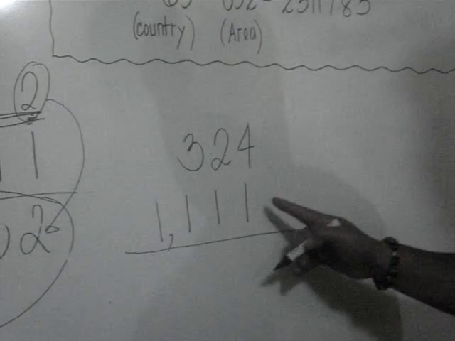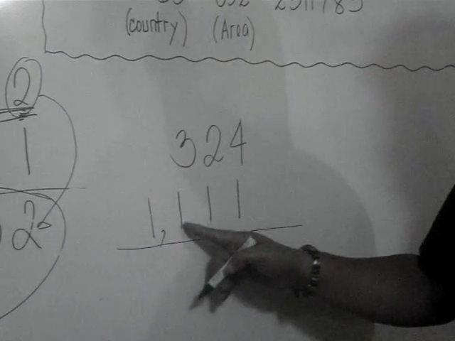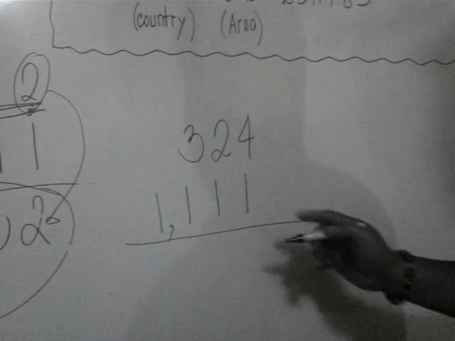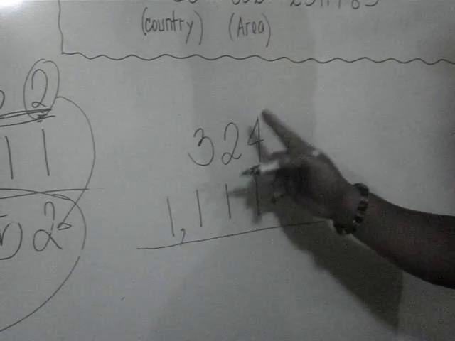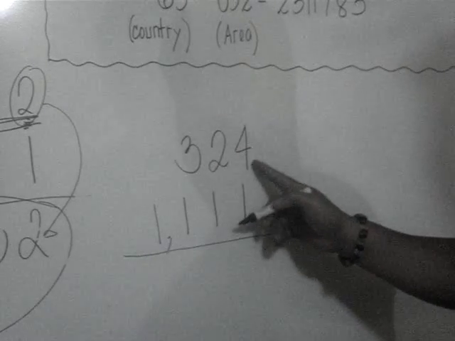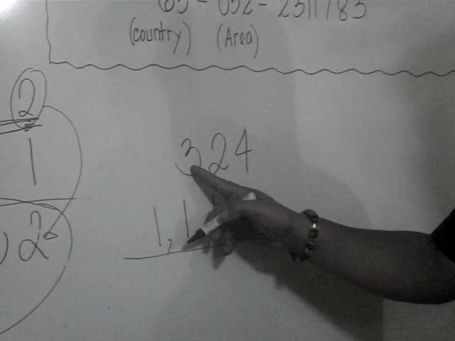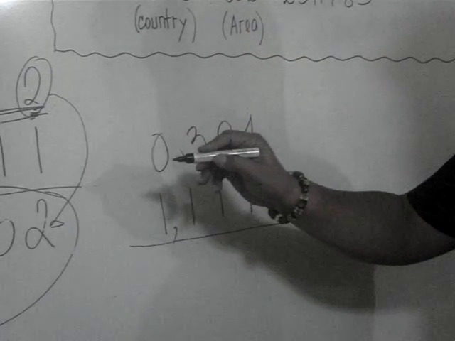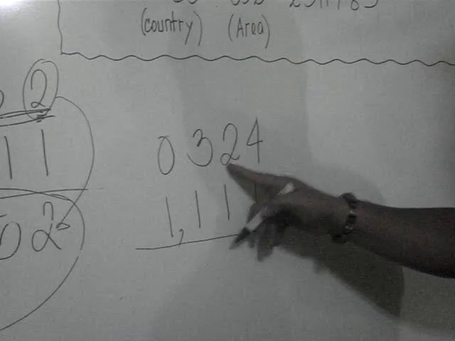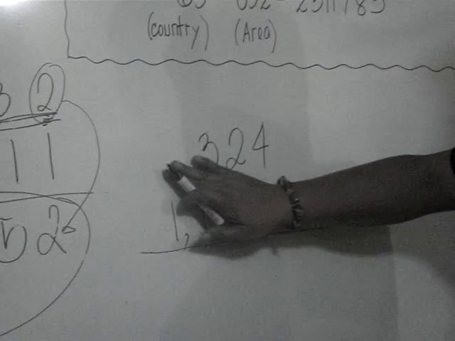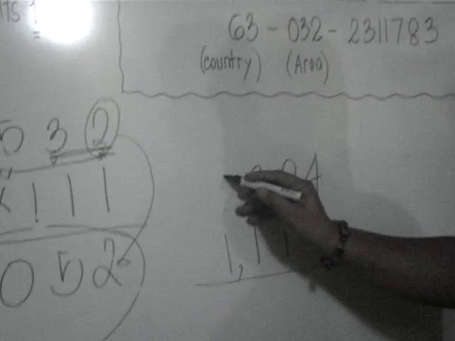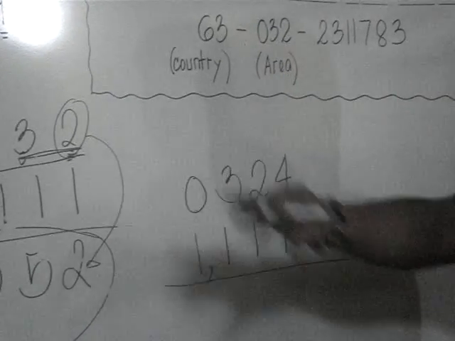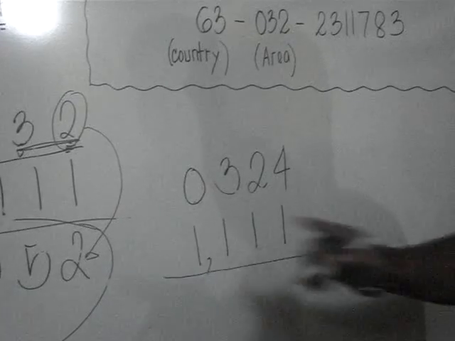You will notice that this multiplier contains 4 digits of 1. Then you need also to have addition up to 4. But since there are 3 digits only here, we can make it 4 by adding 0. Anyway, 0324 is just the same as 324. So I will put 0 here so that it will be clearer for you to add digits up to 4.